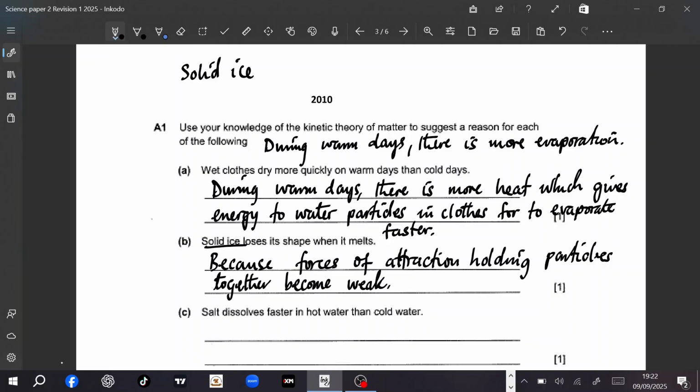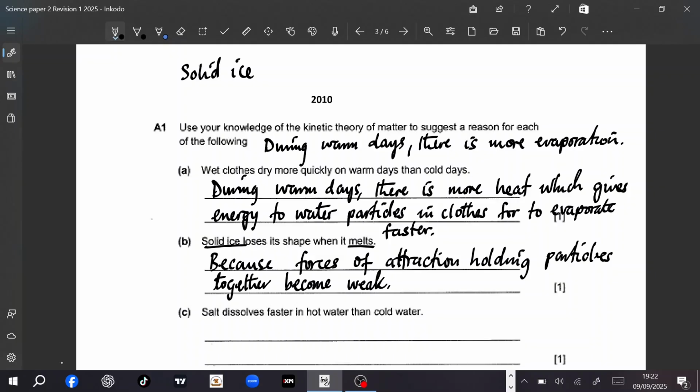Leaving it like that is okay, because for a solid to melt, it means that the forces that are holding the particles in a solid are no longer there. Hence, the forces begin becoming weak, and as they become weak, the particles begin moving away from each other. As they begin moving away from each other freely, then the state changes from solid to liquid.